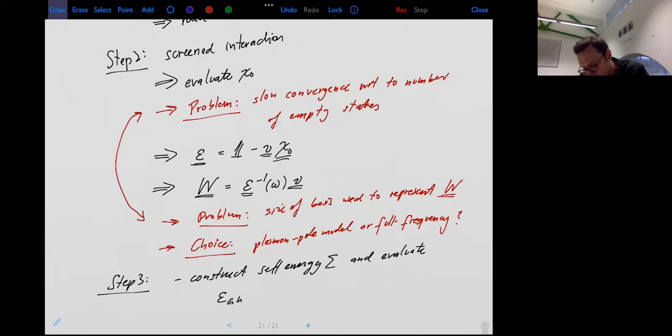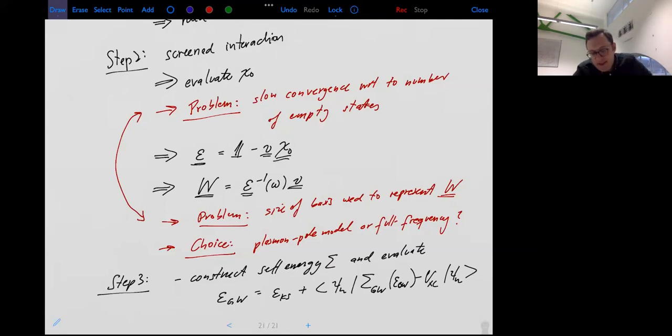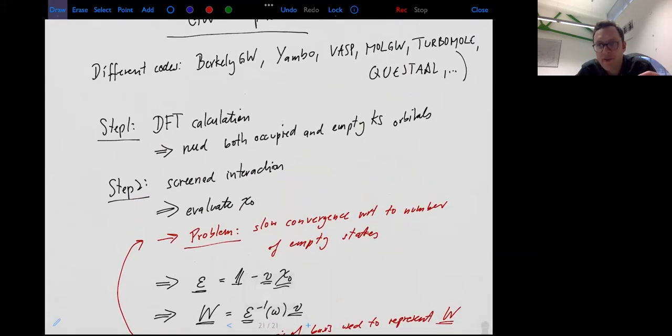So you evaluate this equation here. And that is the final step. So those are the typical steps in a GW calculation in these standard codes that I've mentioned up here.